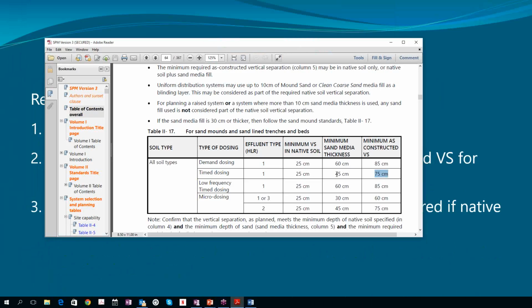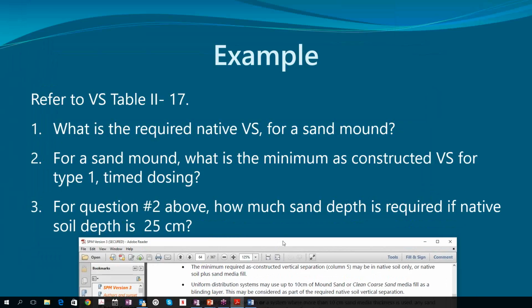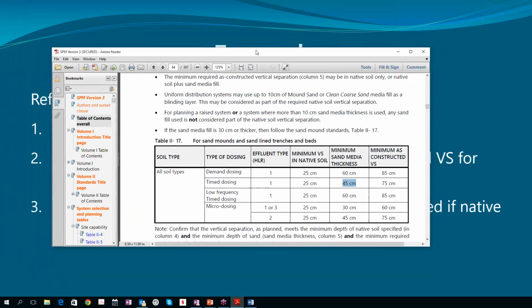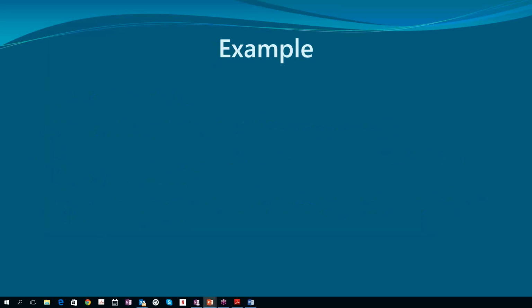We need to have at least 45 centimeters of sand depth, but we only have 25 centimeters of native soil VS. So 25 plus 45, 55, 65, 70. So that's not the answer. It is not 45 centimeters. The answer is 50 centimeters because we need to meet all 3. And that was the point of that example, I guess.